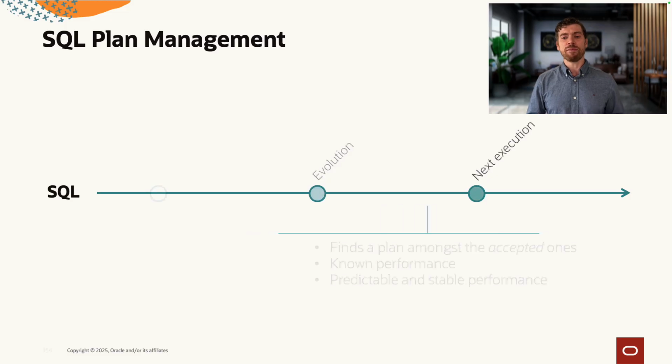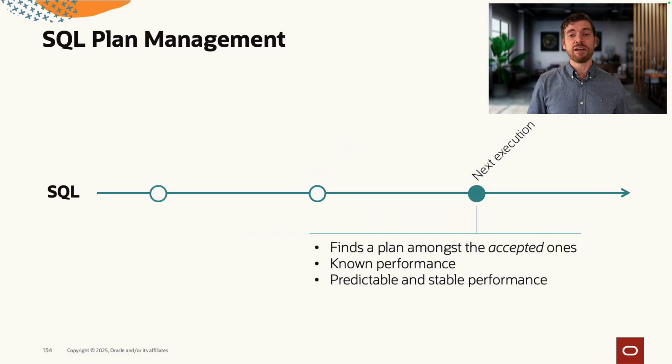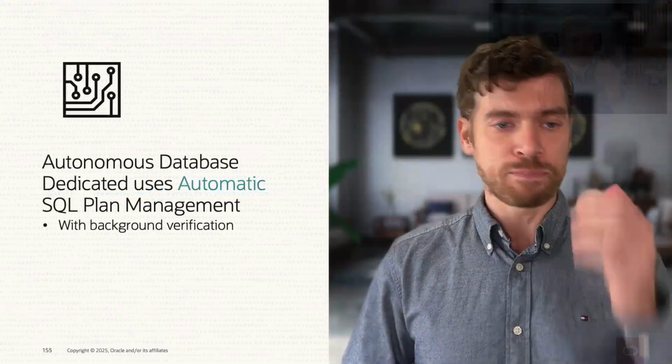So the next time this SQL executes again, it's going to take the best accepted plan and use it for that SQL statement. The good thing is that now we have known performance because any SQL plan that could potentially be bad for your database will be first tested before it's accepted. So you have predictable and stable performance in your environment. This is what we already know as SQL plan management.